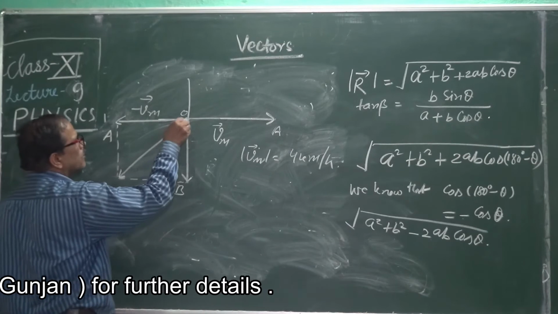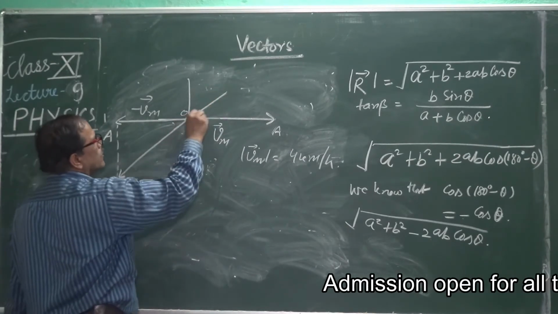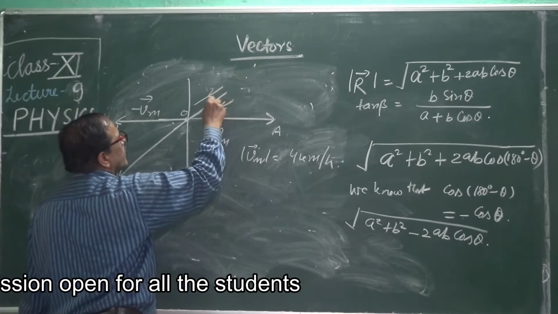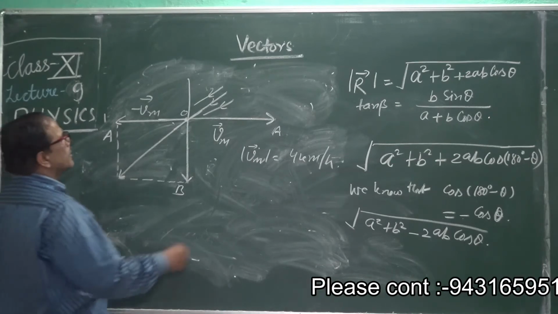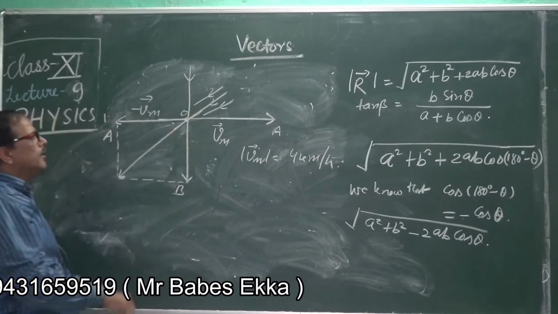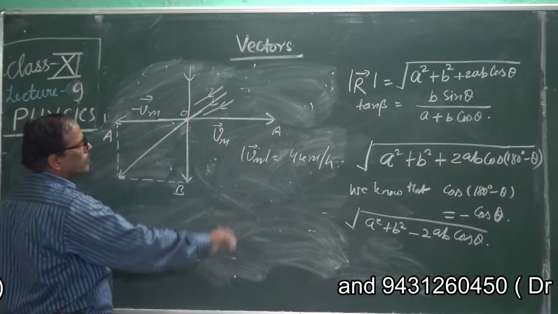So this is the direction of rain falling experienced by the person. Actually rain was falling vertically downward, but he is moving with some speed.